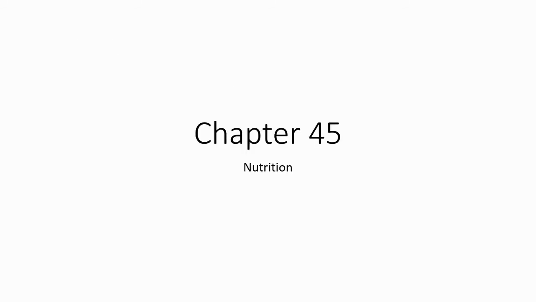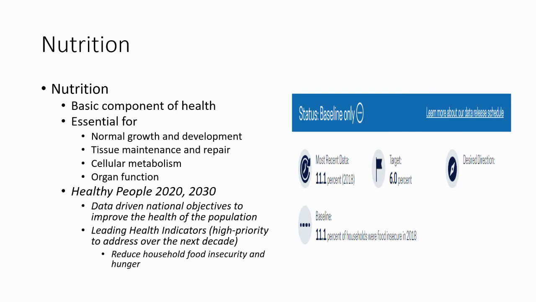Okay, let's go on to chapter 45 and talk about nutrition. I know that you will be pulling forward much of this information, so I've tried to just focus on what the highlights are, bringing those connections from your pre-nursing courses to what's relevant in nursing.